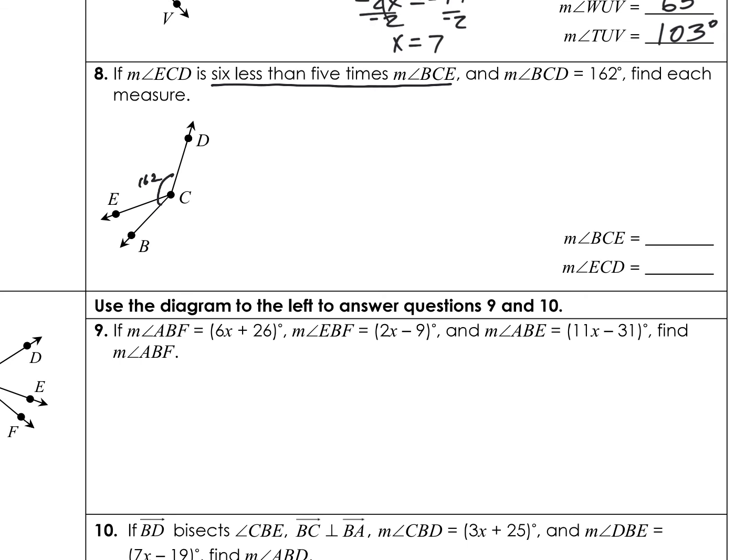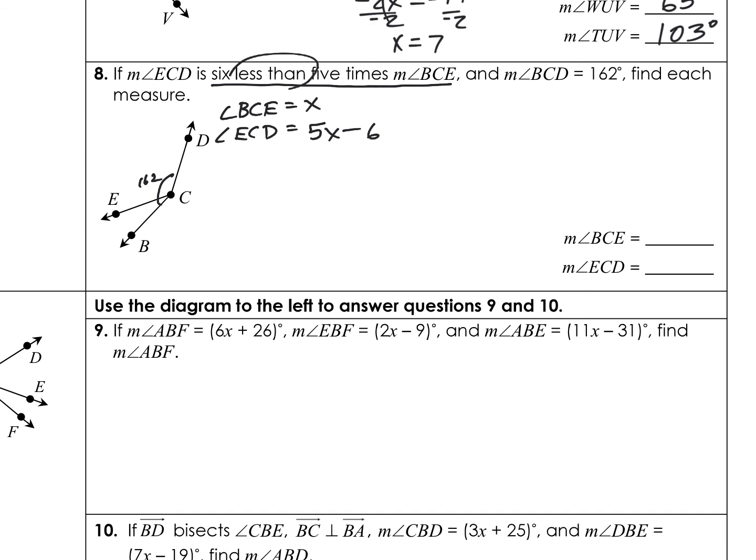I think it's important here to just go ahead and name the angles because we're going to be assigning algebraic expressions to them. So angle BCE, we're going to say equals x. And angle ECD is going to be 6 less than 5 times, so that'd be 5x minus 6.